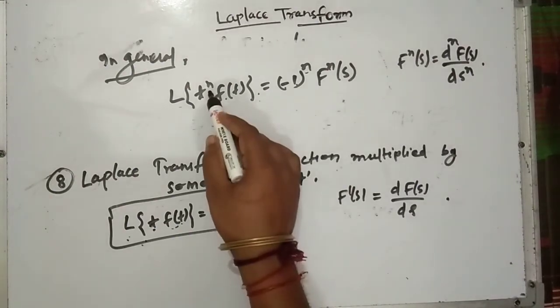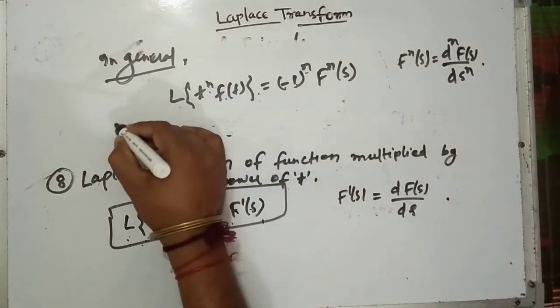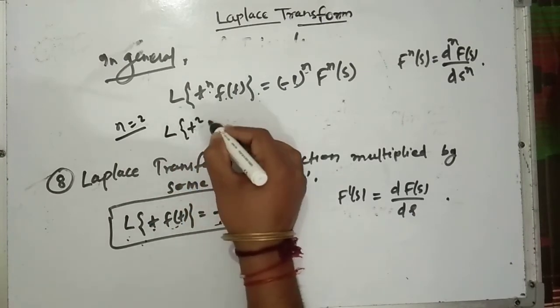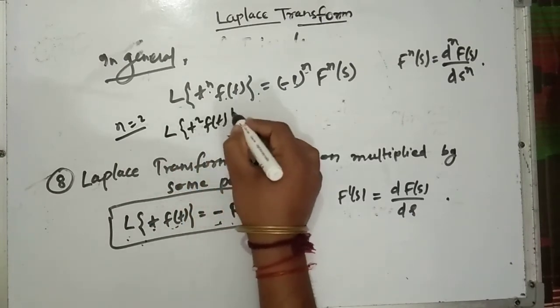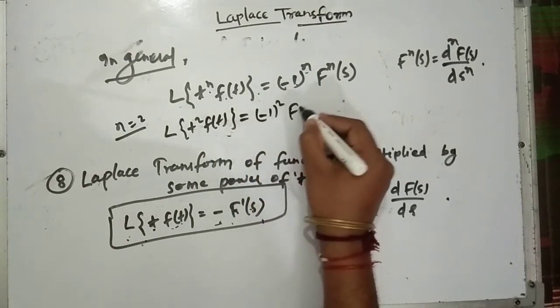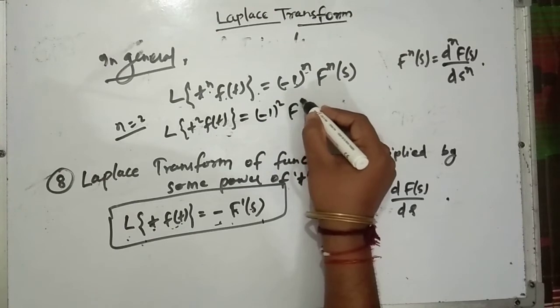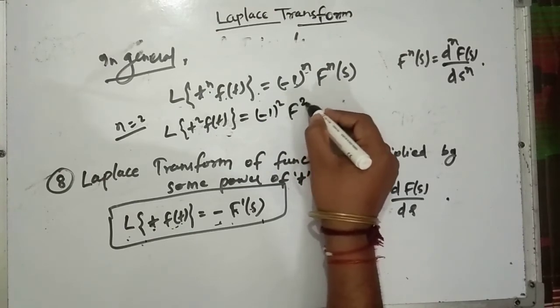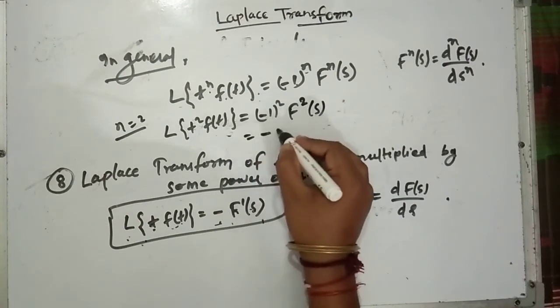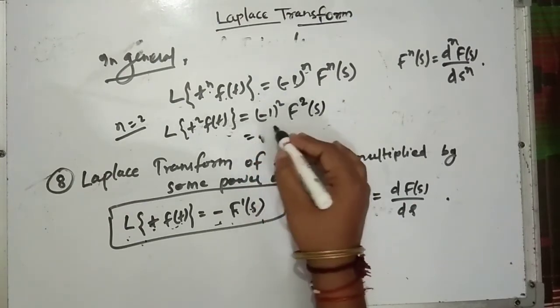If you put n is equal to 2, that means Laplace transform of t square f(t) is equal to minus 1 to the power 2 F^n, put here 2, and minus 1 to the power 2 is equal to plus 1.